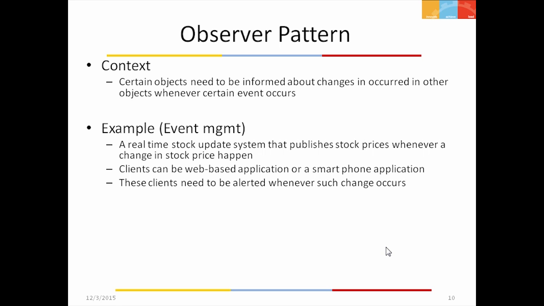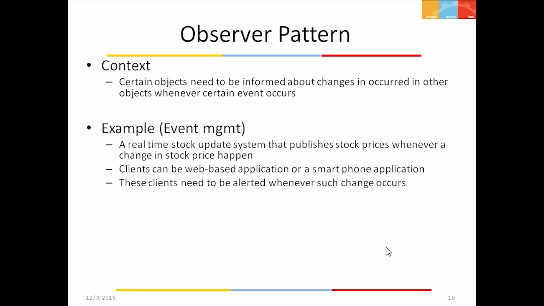So one example, which is actually a real design example: if you have to build, let us say, a real-time stock update system, the way it works is the stock update system publishes stock prices whenever there is a change in the stock price in the market.